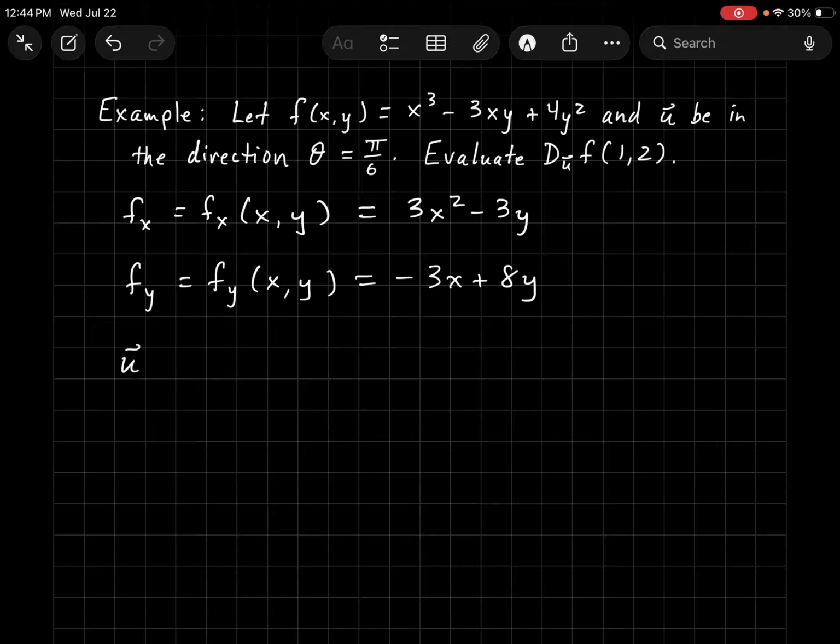Now, if theta equals pi over 6, then u is going to be the cosine of pi over 6, comma, the sine of pi over 6, or the vector root 3 over 2, comma 1/2.